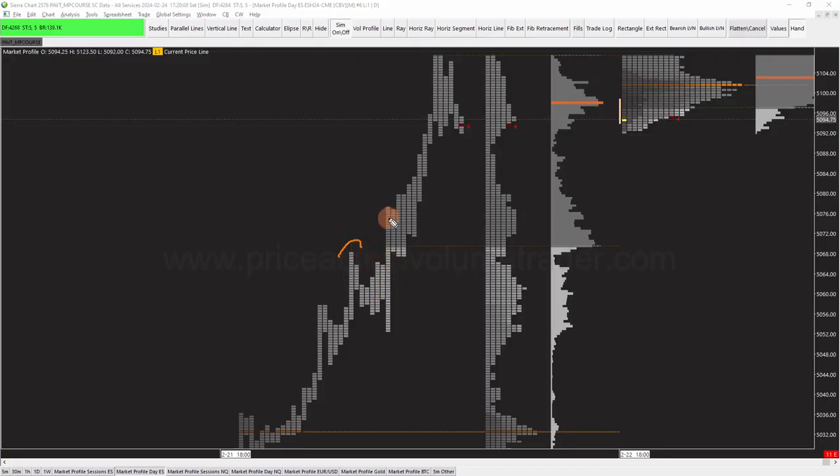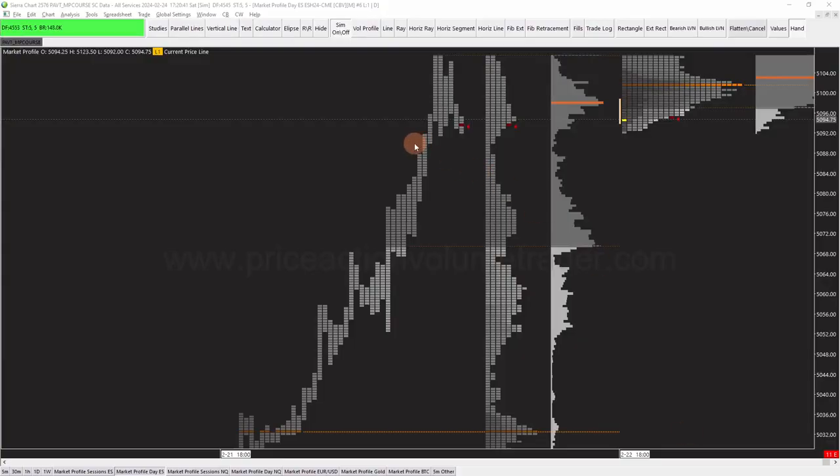When this period closed around here, this was a single print, but then you can see the market came back down and filled it before we took off. And that's why over here we did not have a single print on this profile, because we had two 30-minute TPOs, well, in this case three, that traded through these levels. And so that's why we have this closed, and we did not consider that a single.